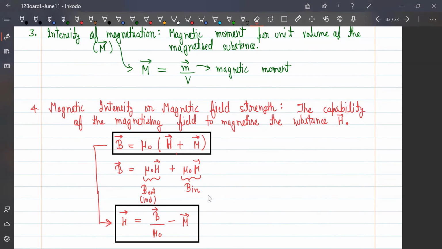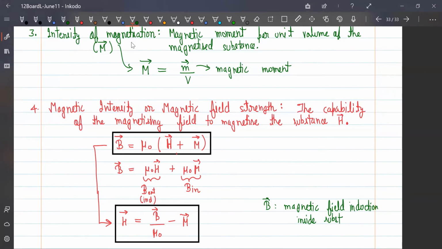Note this. Capital M is intensity of magnetization. That is magnetic moment per unit volume. H is called the magnetic field strength, और B क्या है? B net magnetic field है. B is the magnetic field induction inside the substance. And what is M? M is magnetization, intensity of magnetization.